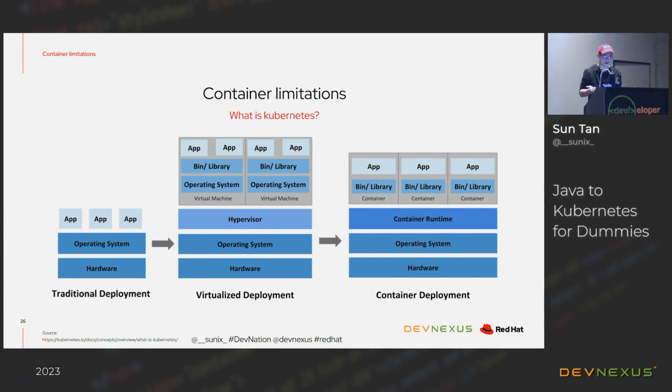So now, why Kubernetes? If we have more and more containers in one machine, at some point, if you want to scale, for instance, you would run out of resources. So what would you do? You would spawn a new machine, and put your containers in the new machine.